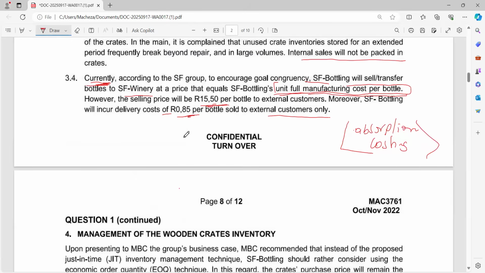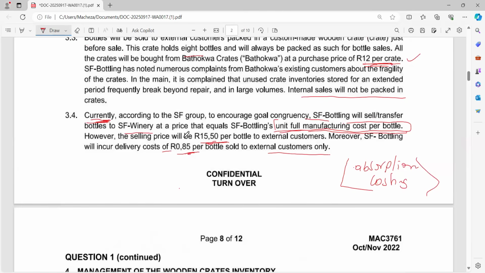Currently, according to the SF group, goal congruence, SF Bottling will sell or transfer bottles to SF Winery at a price that equals SF Bottling's unit full manufacturing cost per bottle.